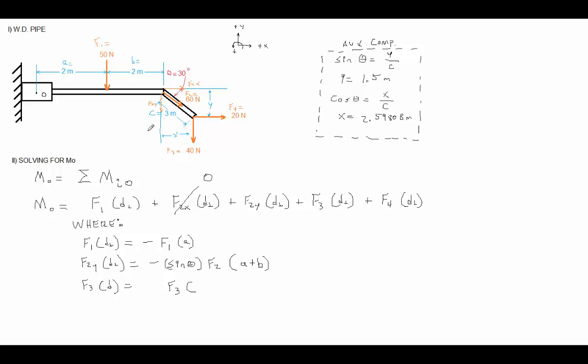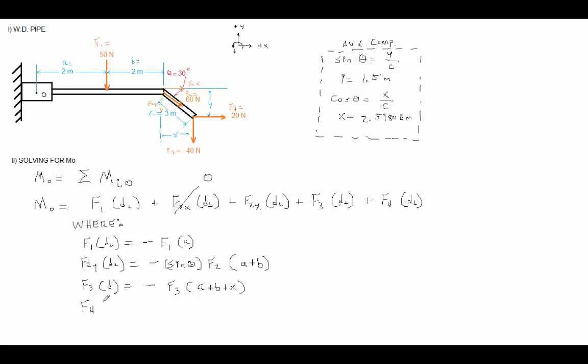F3 is here, measured perpendicularly to point O would be a plus b plus x. And just like before, we hold a line out here. We apply F3 at its point of application while holding the line at point O, and you can see that it would produce clockwise rotation, which is negative.